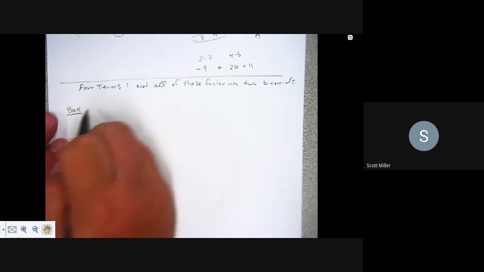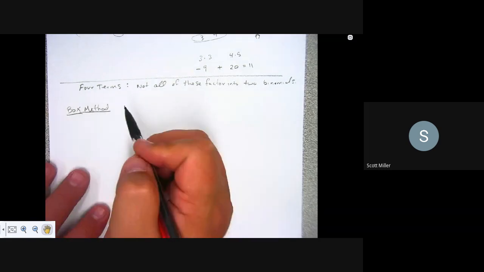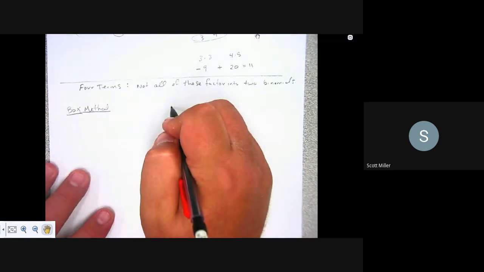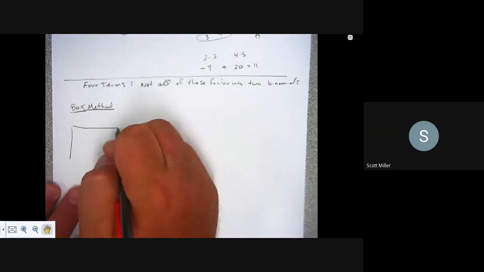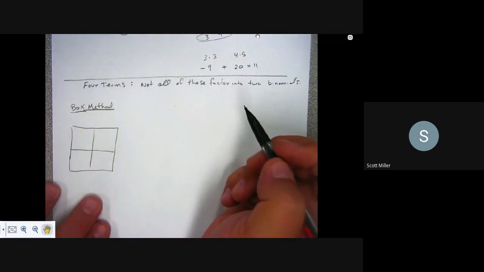Here's how the box method works. We'll do it by an example here so you can see. Actually, I'll just draw it out. So you just make a 4 compartment box. And it's 4 terms, so this is where the first one goes, this is where the second one goes, this is where the third one goes, this is where the fourth one goes.